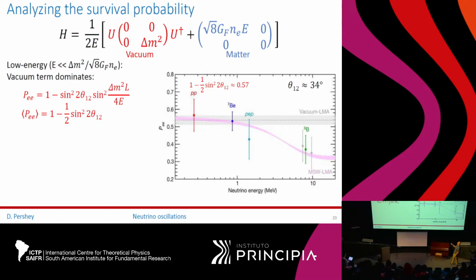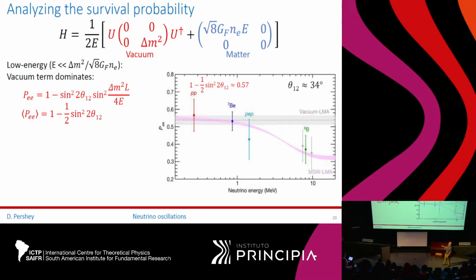So that is basically meaning this delta m squared is greater than this factor over here, and that gives you the energy regime. And if you look at that, then you're just going to have a standard oscillation pattern. If you work out the baseline with the delta m squared that we now know after the fact, that oscillation baseline is something like 100 kilometers. And so, of course, the distance from the sun where the neutrinos are produced and where they're detected on Earth is much greater than 100 kilometers.